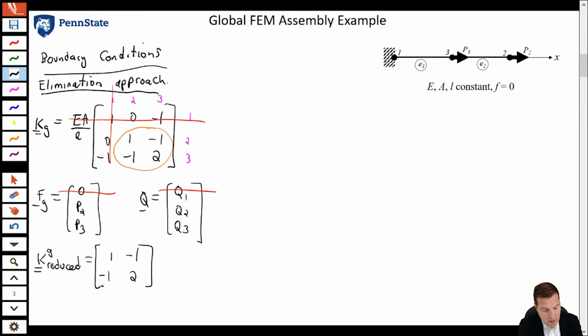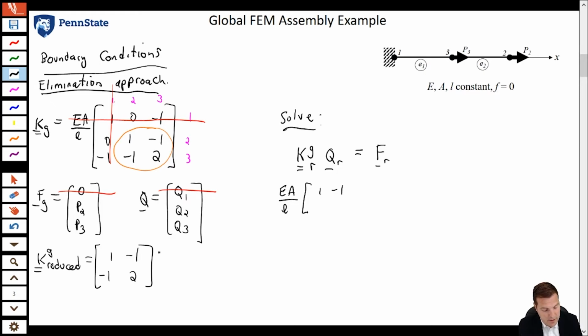Okay. So what we can solve now is in our solution procedure, we're going to do KGR, that's K G reduced, times Q. And actually these are reduced too. So, you can put an R there, and you can put an FR there if you want. And if we wrote all that out, we'd have EA over L, 1, negative 1.